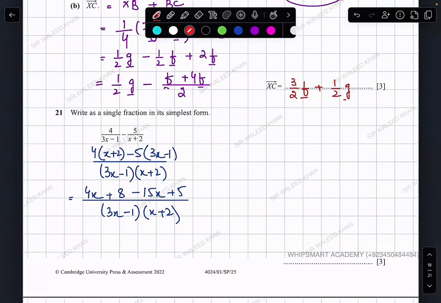Now, if you want to expand the denominator, your choice. If you don't want to, that is also your choice. So this will be minus 11x plus 13. Or you can write 13 minus 11x. Again, your choice. But try to write the positive value first.